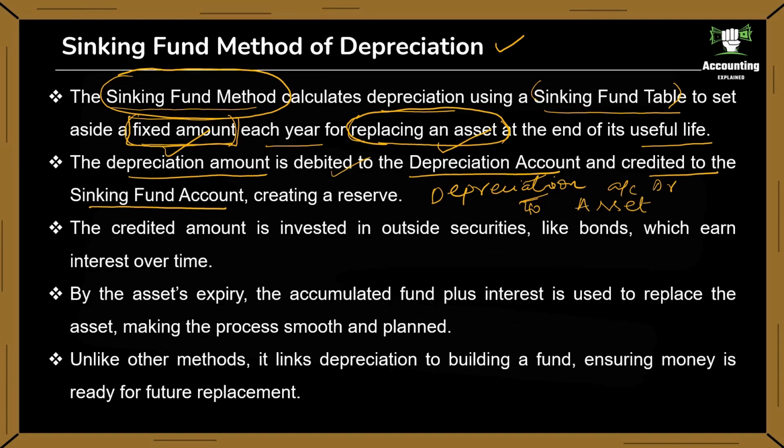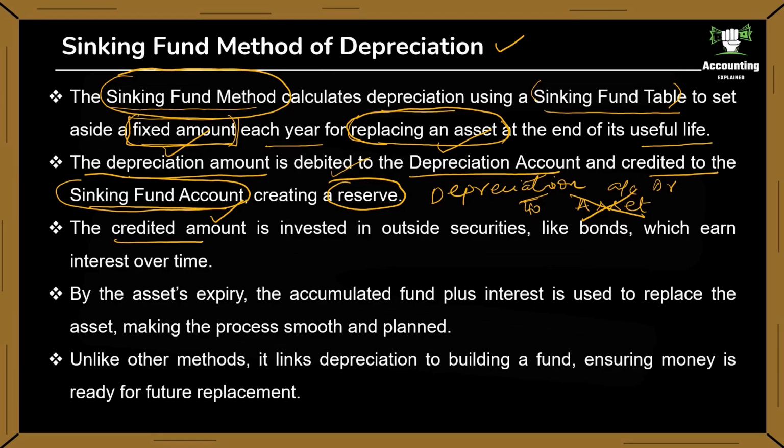But under the sinking fund method of depreciation, the asset account is not going to be credited. We are going to credit the sinking fund account, and that is a reserve. We are creating a liability reserve by crediting the sinking fund account. That is why the sinking fund account is credited.